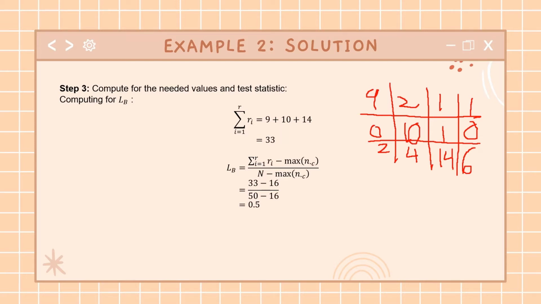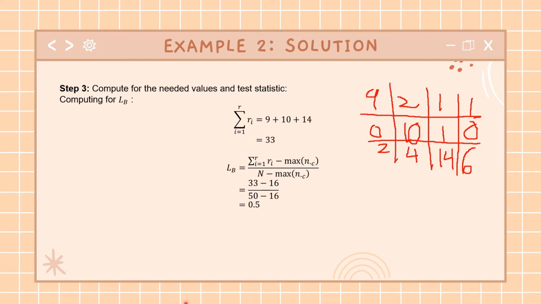Itong 9. So, we have 9 here. And sa second row, ang highest value naman ay itong 10. Kaya, meron tayong 10 dito sa pangalawa. And for the third row, ang highest value dito ay 14. So, we have the summations of r sub I to be equal to 33.